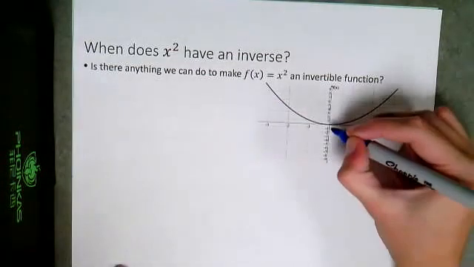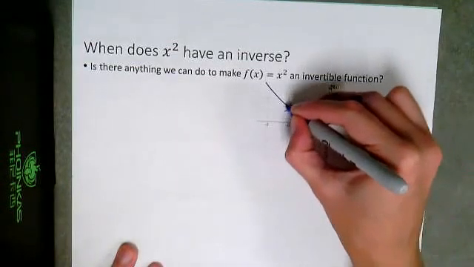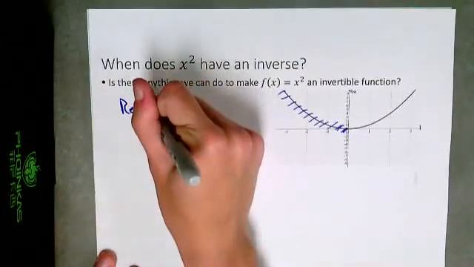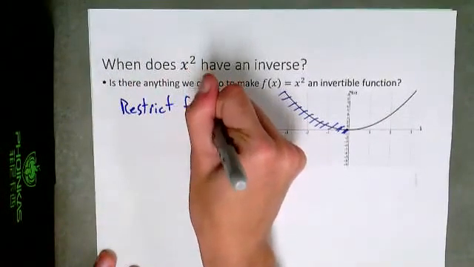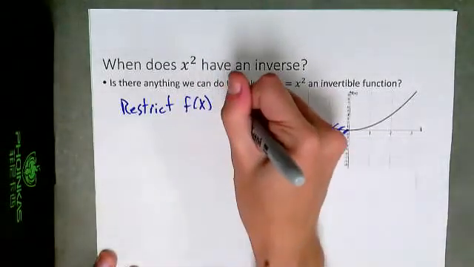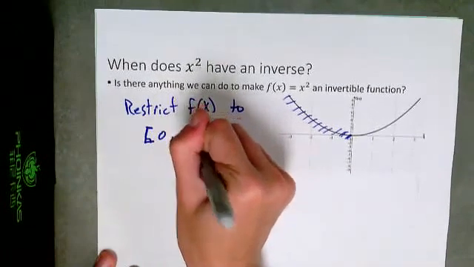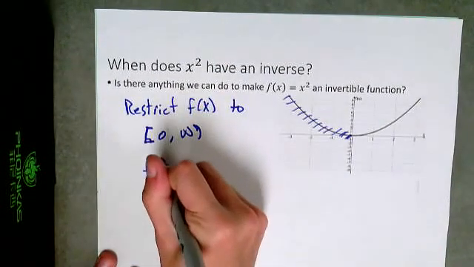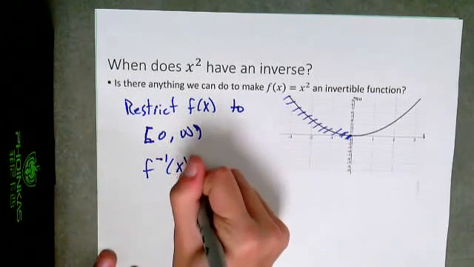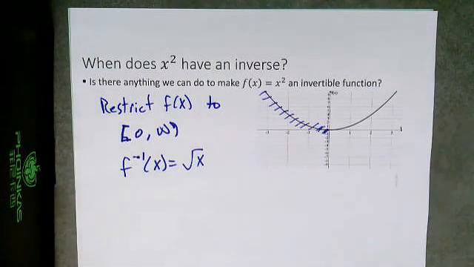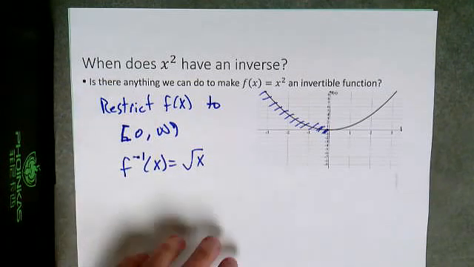So if we cut off the graph and ignore that piece, and we restrict f of x to the positive side of the x-axis, 0 to infinity, then f inverse of x would be the square root of x. We would have that. So let's do an example doing just this.